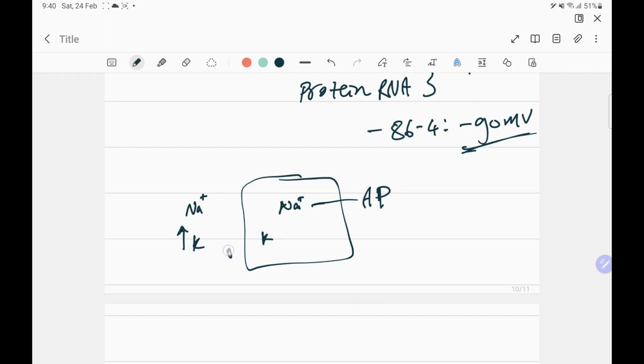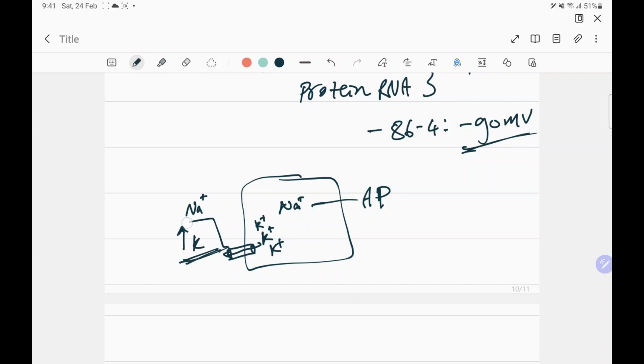So now imagine you have your leaky channels, potassium tends to leave, but if the potassium on the outside is more, this will not favor too much of potassium to leave. The gradient kind of opposes potassium leaving the cell a bit. So potassium doesn't leave the cell as it usually does through the leaky channels. It starts to accumulate in the cell, making the cell a little more positive.